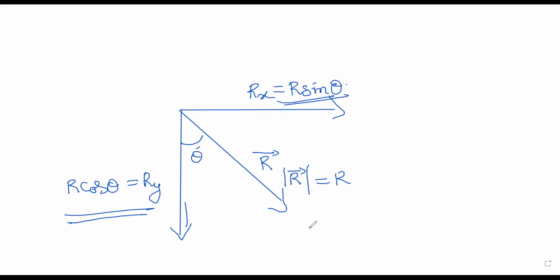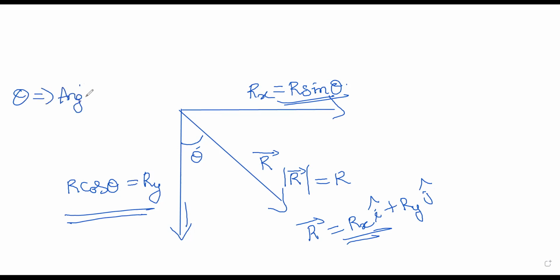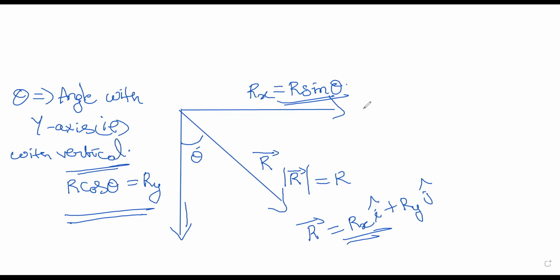Here, if I had to write this vector r bar, it's rx i cap plus ry j cap. Right. Now understand that the theta is the angle with the vertical, the angle with the y-axis they have given, that is with vertical. So as per this situation, I got r bar as r sin theta i cap and r cos theta j cap.